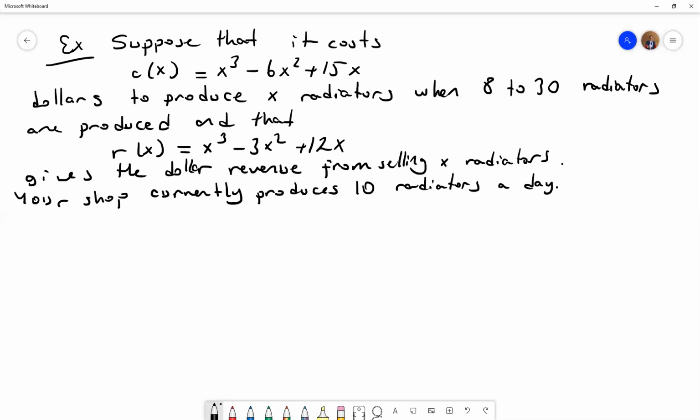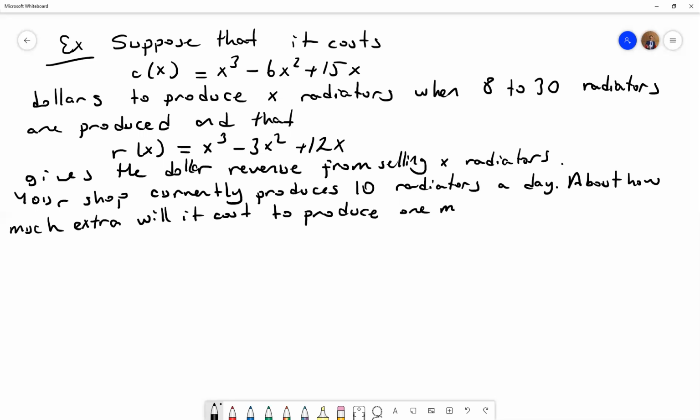Now the question is coming about how much extra will it cost to produce one more radiator a day? And this one is the first question.